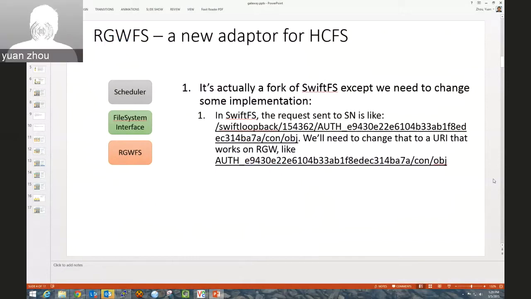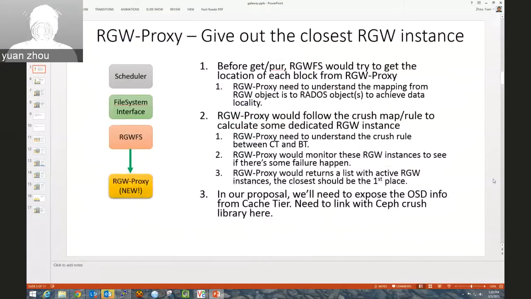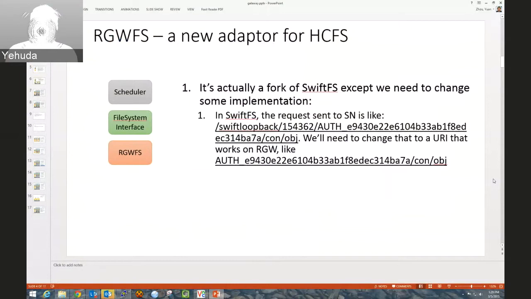Okay, so the second part is, sorry. Just one comment. In Swift, you get a partition number by authenticating to the auth server. You get the entire URL. The same would be if you actually authenticate to the gateway through the Swift authentication.